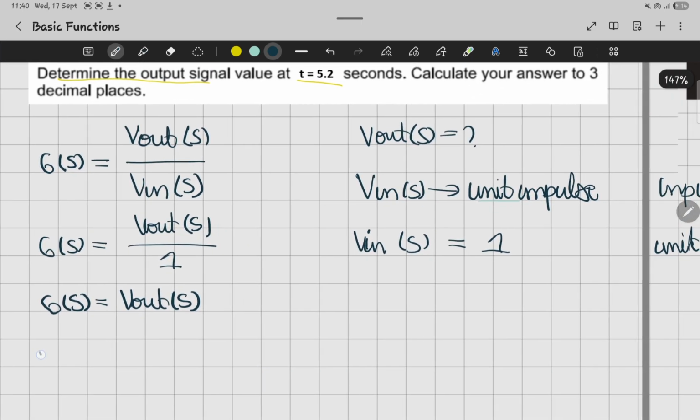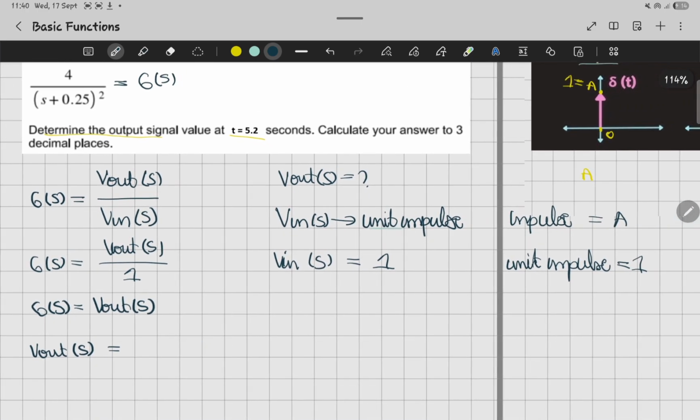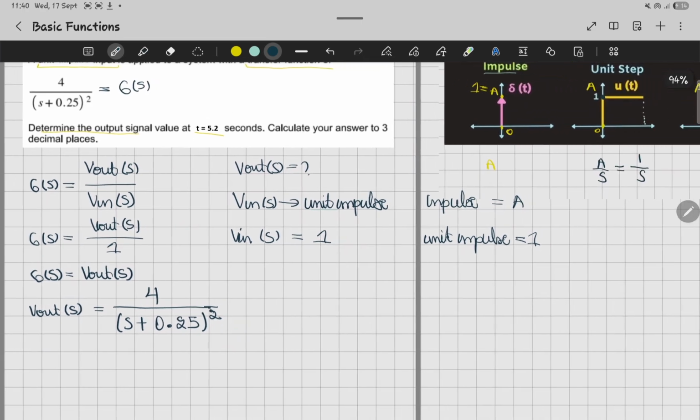If I write the equation that I get for V out, it's going to be something like this. What is V out? Then we're going to have s plus 0.25 squared. So this is what I'm going to get for V out.